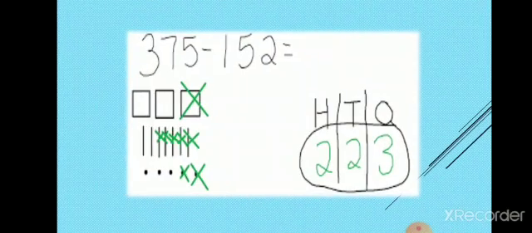You will get 3 ones here. Next place is tens. There are a total of 7 bars of tens and you cut down 5 bars. So there are 2 tens left.